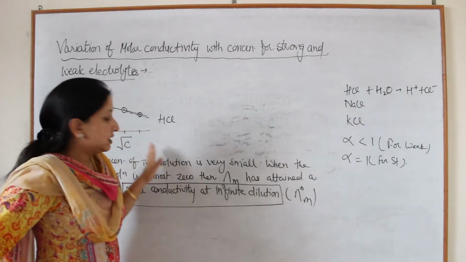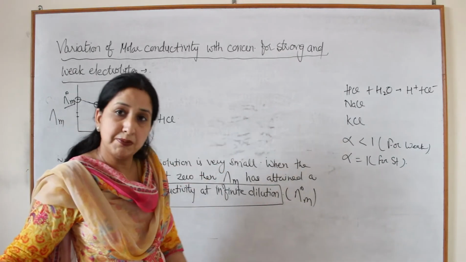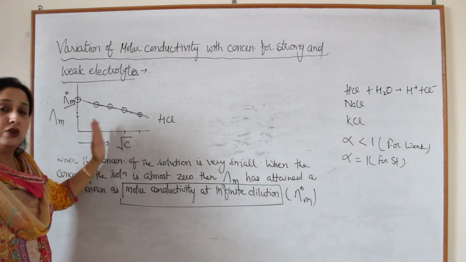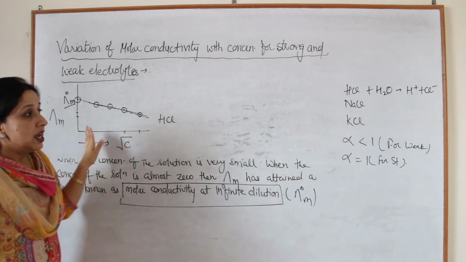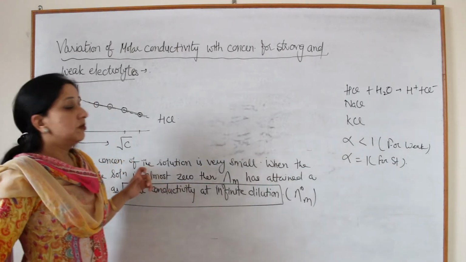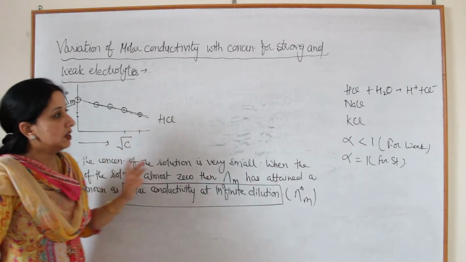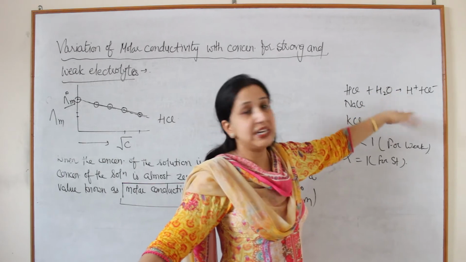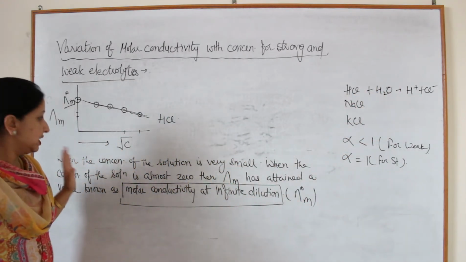Why is this so? We have learnt that in case of strong electrolytes, they are dissociated completely. Means if we are adding more and more water, means we are decreasing the concentration, the number of ions will increase, but by a very small amount, because they are almost completely dissociated, because they are strong in nature.